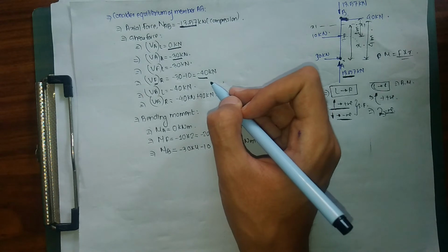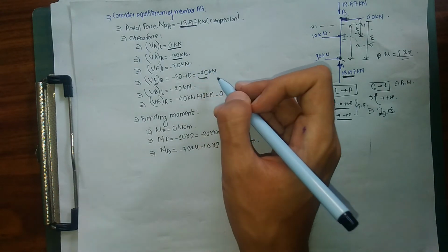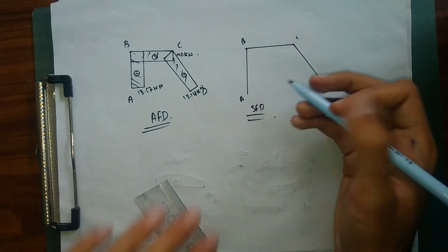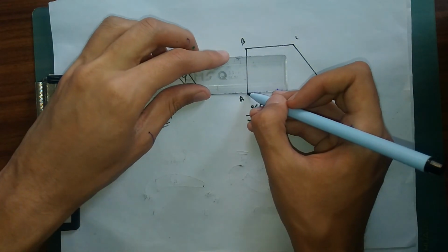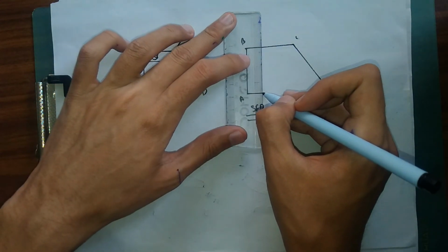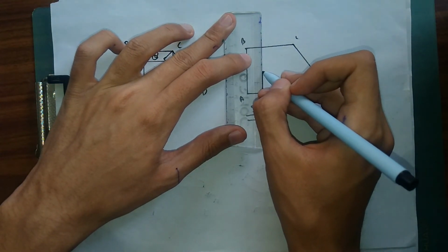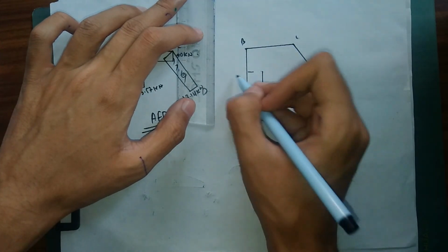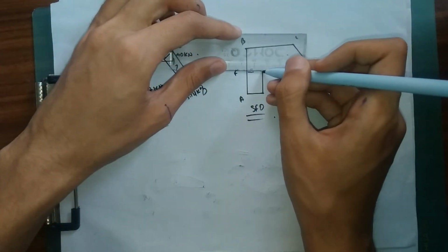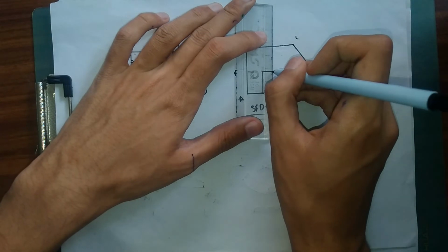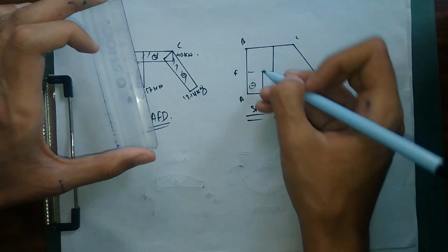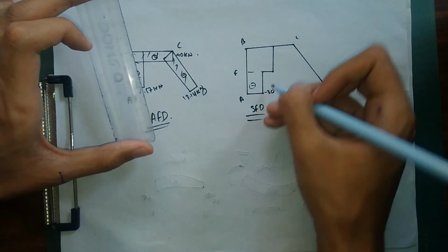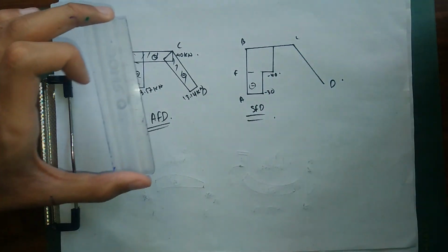So it was all negative, and I'm going to show my negative downward. At first it was minus 30, so it remained constant, and at F point it got down to minus 40 and finally up to 0.